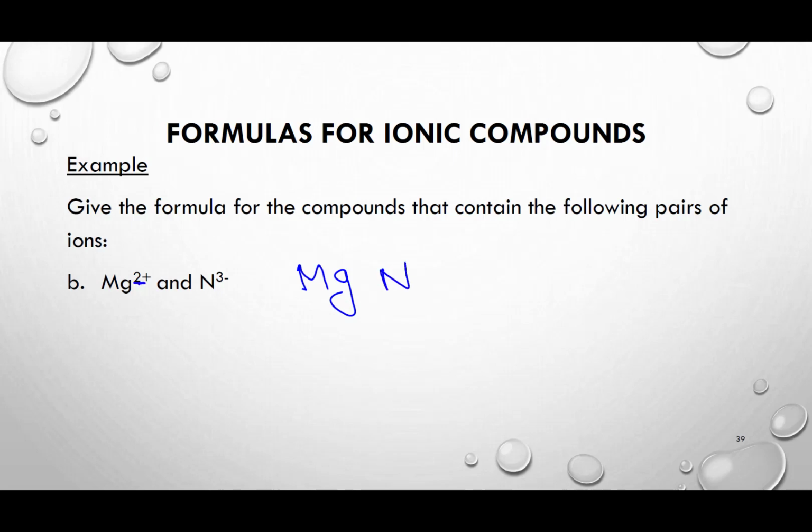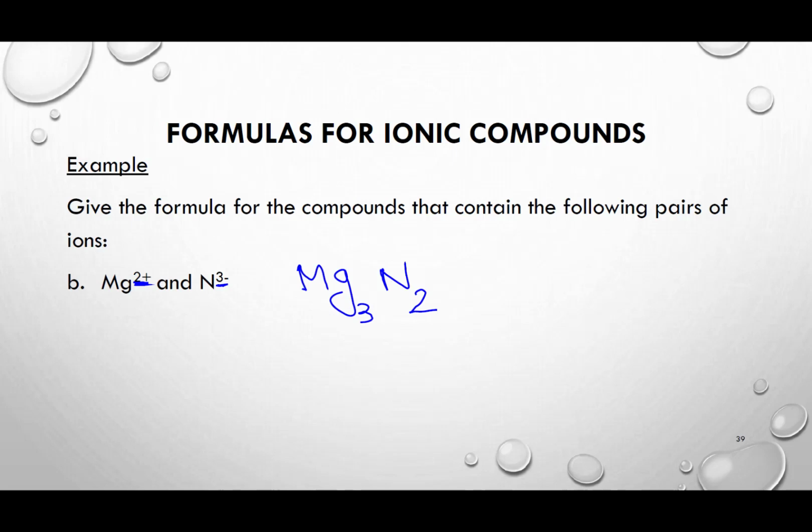The charge on the metal, which is +2, goes as a subscript on the non-metal without the sign. And the charge on the non-metal, which is 3, goes as a subscript on the metal without the sign.